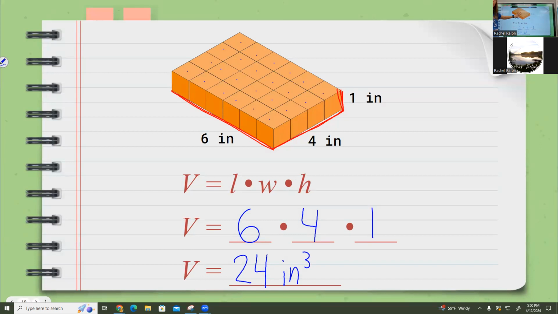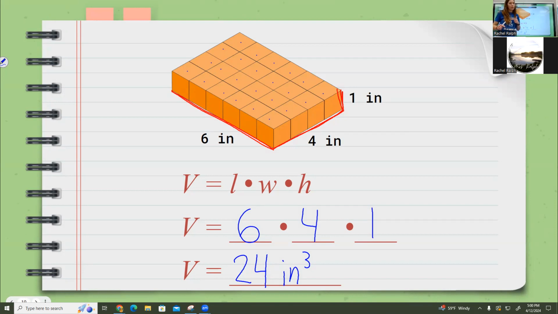There are 24 cubes that make up this shape. So we were just finding the area of a rectangle that was 6 by 4, which is 24. We're only 1 inch tall, so we can only fit 24 cubes in that space.